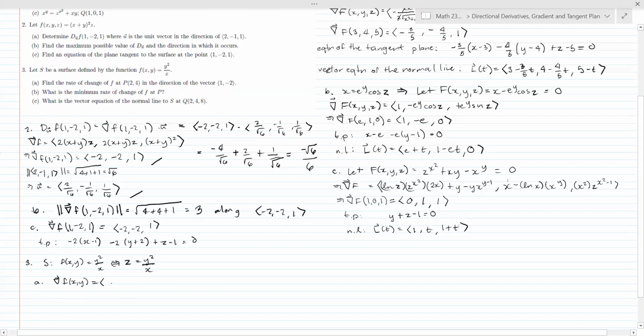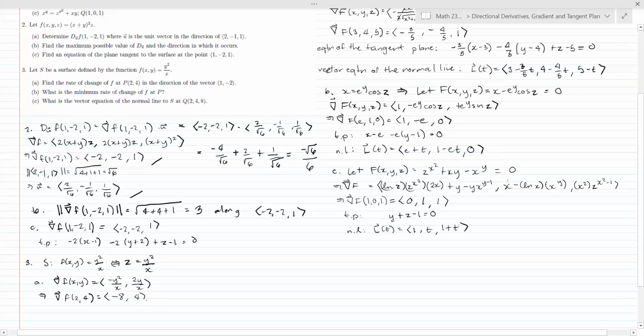So low d high minus high d of low, which is negative y squared over x squared. The partial with respect to y. So 1 over x is a constant, so 2y over x. Okay. Evaluate at (2, 4). This is negative 16 over 2, negative 8. And then 8 over 2, 4.